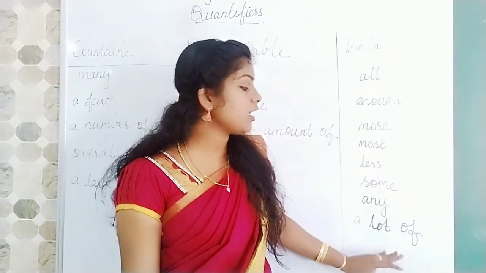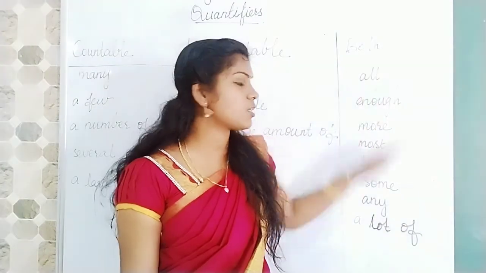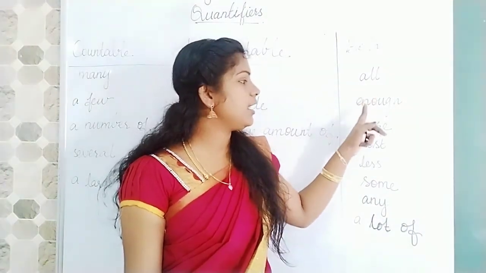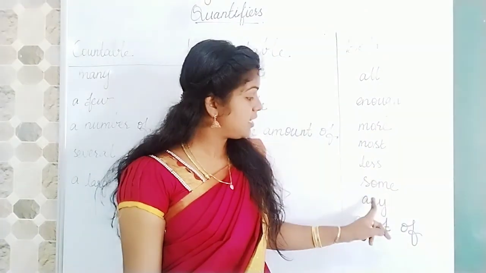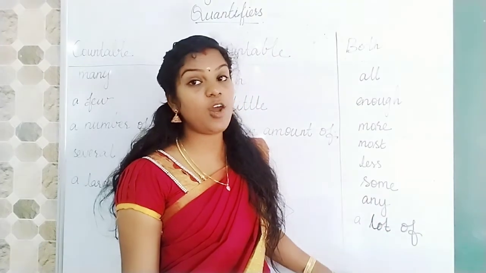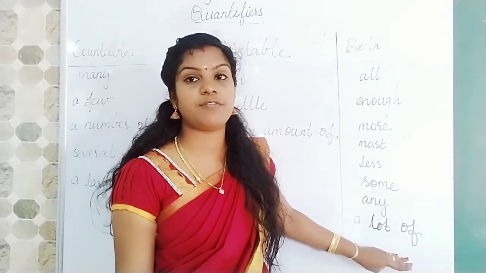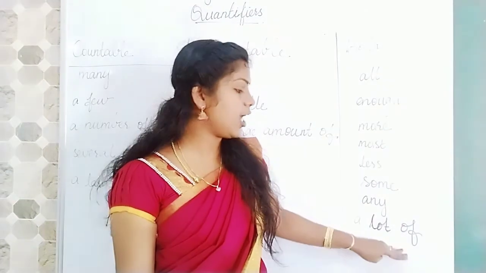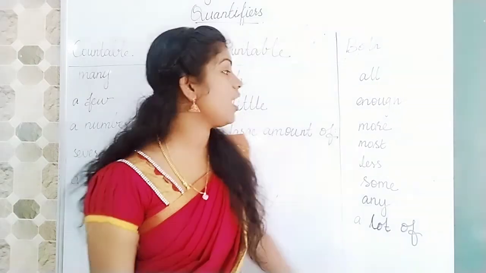So for both we can use these quantifiers: all, enough, more, most, less, some, any, a lot of. Don't read this like "a lot of"; that is wrong. Read it like this: a lot of. Say a lot of.